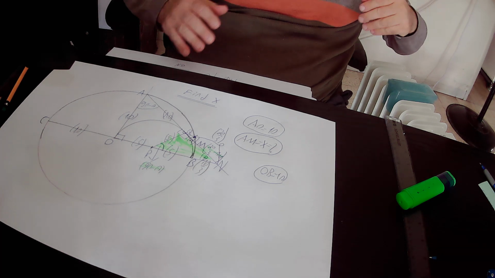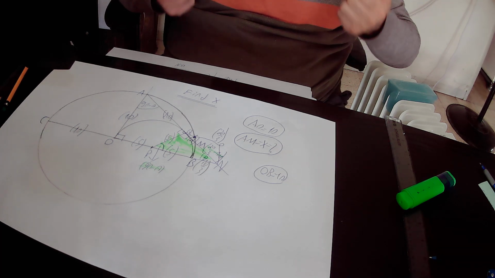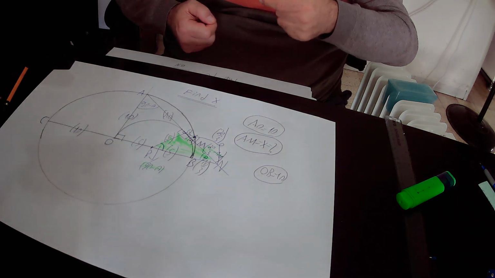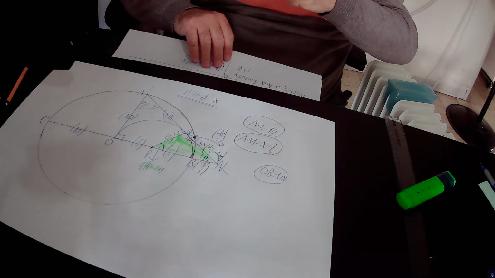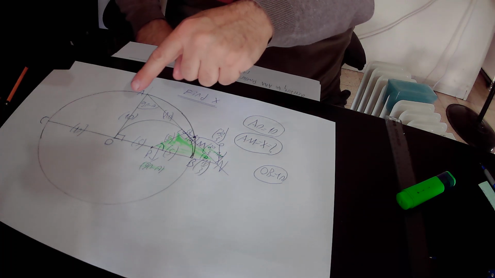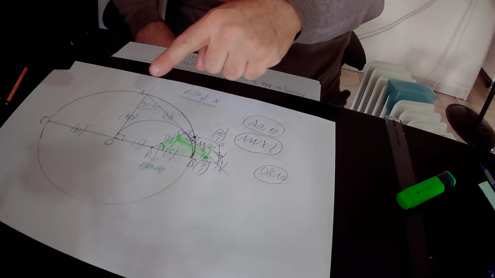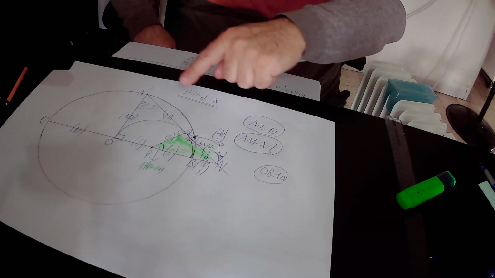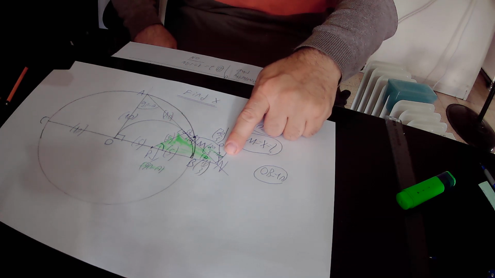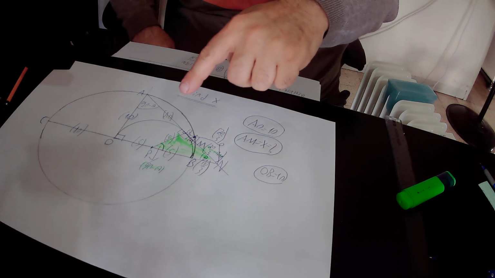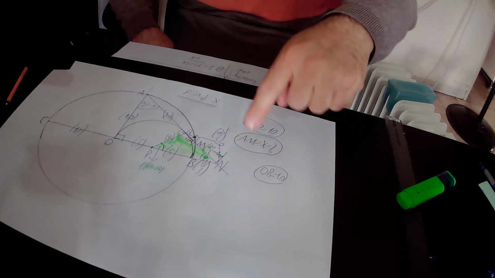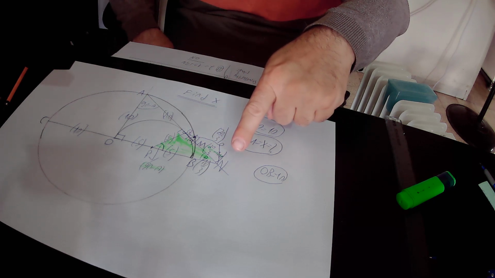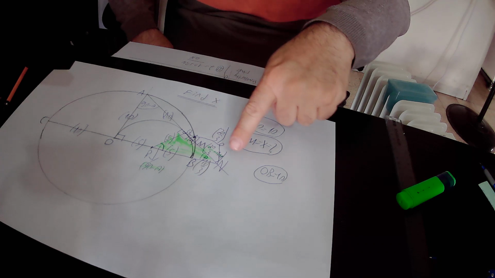And from the fact that those two right triangles are similar to each other, we conclude that the following relationship exists between their sides. We conclude that side AO in the big triangle AON over side QP in the small triangle PQN equals side AN in the big triangle over side PN in the small triangle, and it is equal to side ON in the big triangle over side QN in the small triangle.